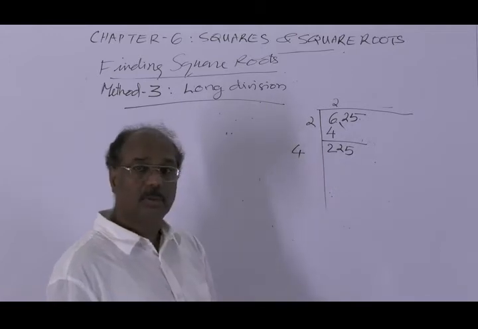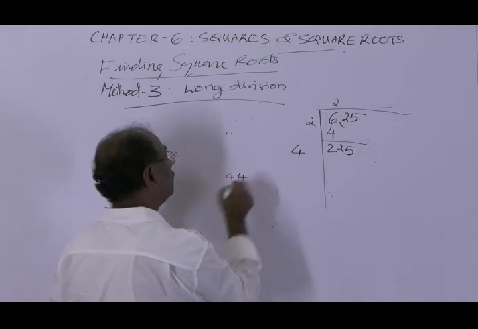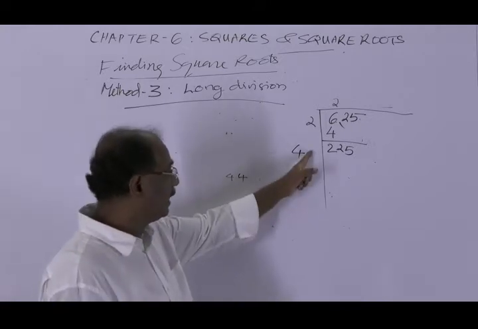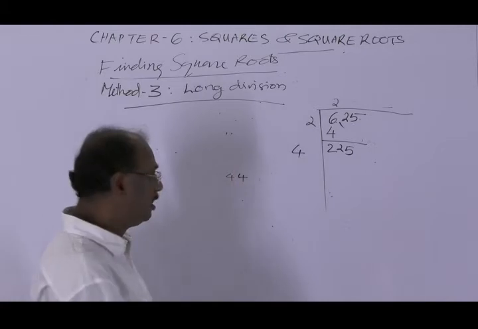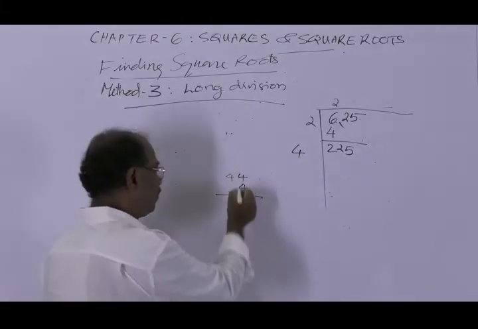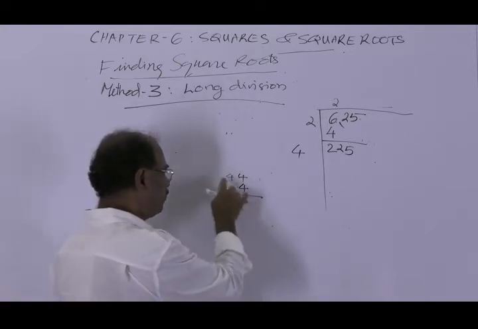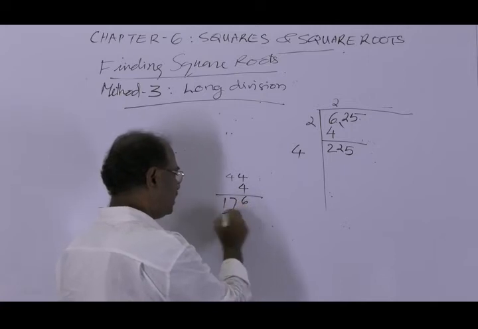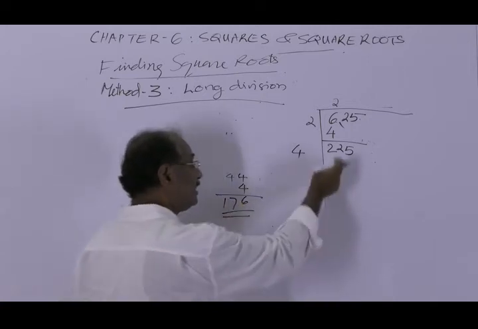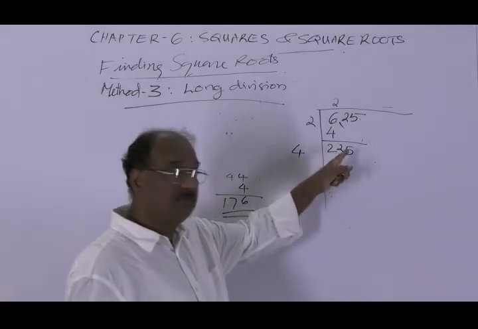So consider this. Suppose we write 4 there, that is 44. Multiply this 44 with the same 4. 4 into 4, 16. 4 into 4, 16 plus 1, 176. Is this 176 the maximum less than or equal to 225?